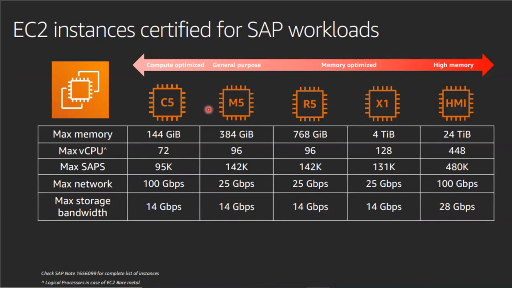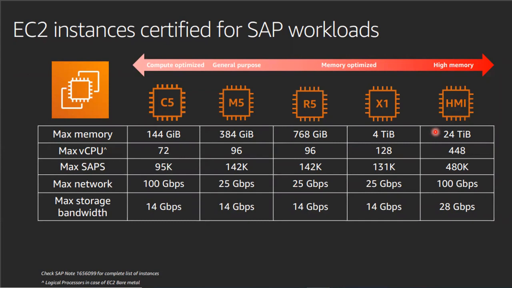When we talk about C5, the maximum memory you can get is 144 GB, with M5 384 GB, R5 768 GB, X1 4 terabytes, and HMI up to 24 terabytes. That's the maximum memory. So there are multiple instance types which you can select based upon your compute requirement and your performance requirement.